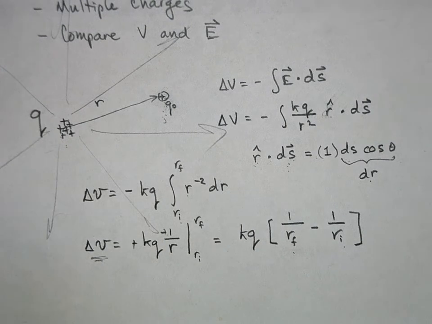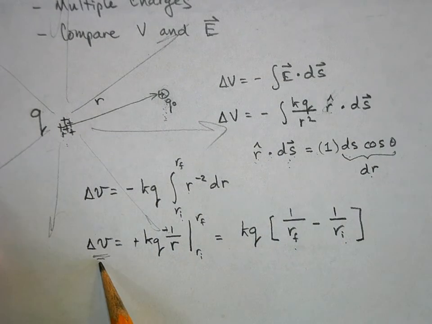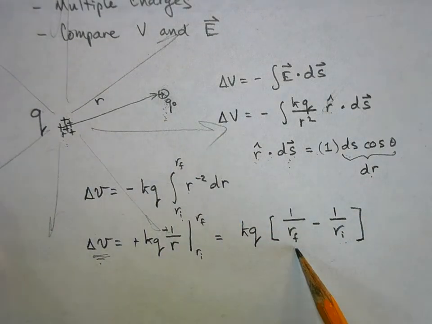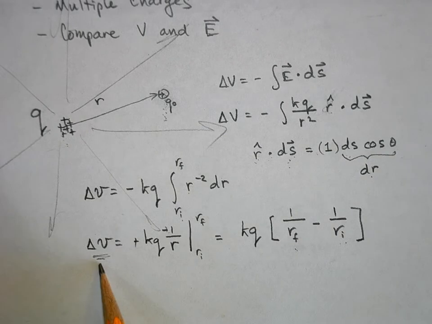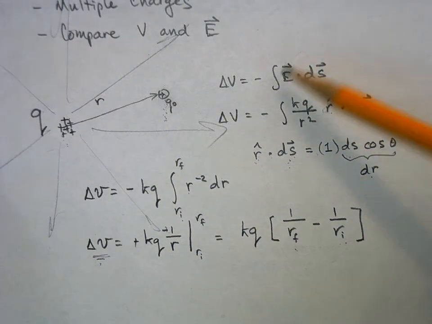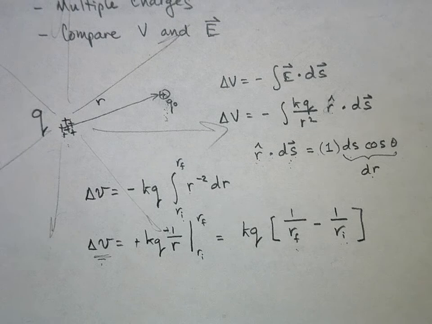And that means if a change in this quantity only depends on where I begin and where I end, that means it's conservative. It doesn't matter what path I take between r initial and r final, I'm going to get the same change in potential. So that means that this electric field here, this force field, is actually a conservative field because of this result.